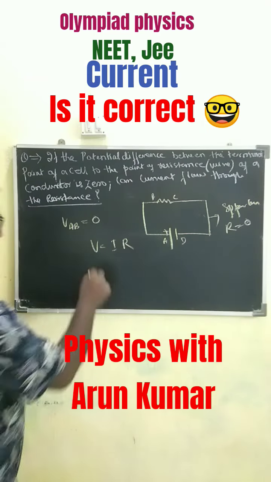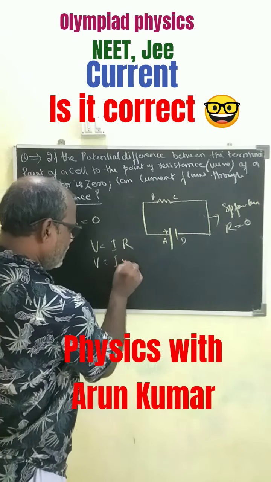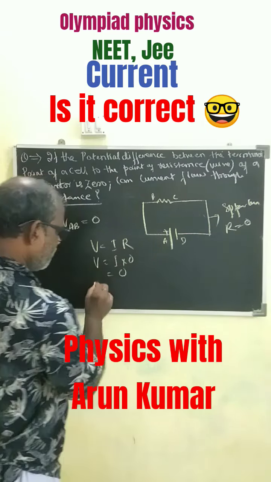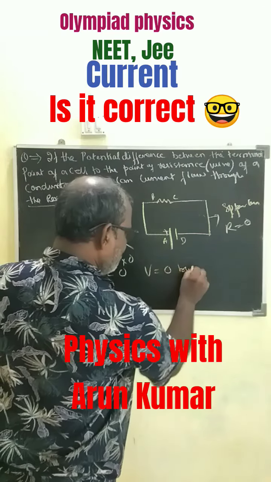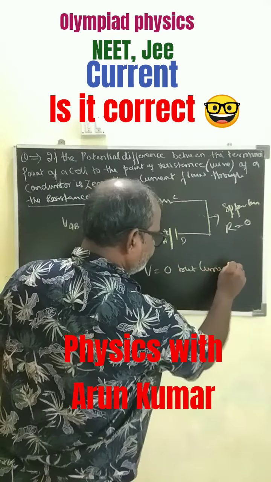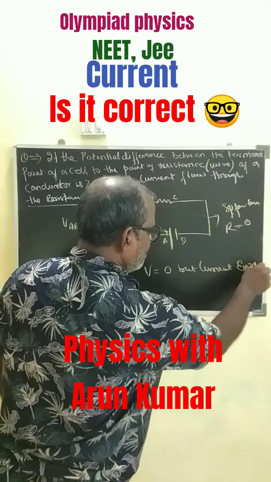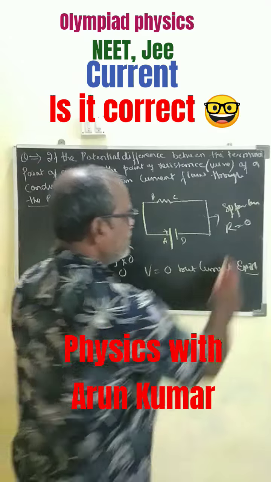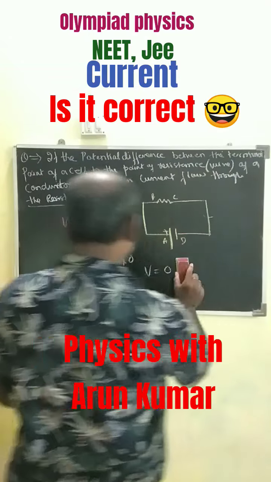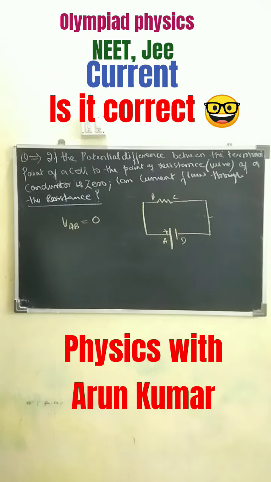If resistance equals 0, V equals I into 0 equals 0. So V equals 0. Here V equals 0, but current exists in this case.